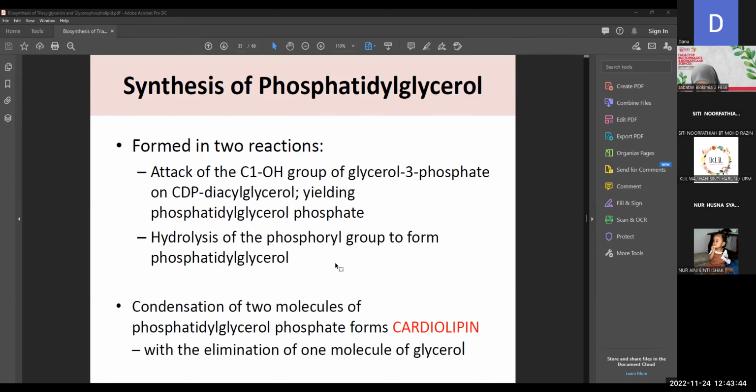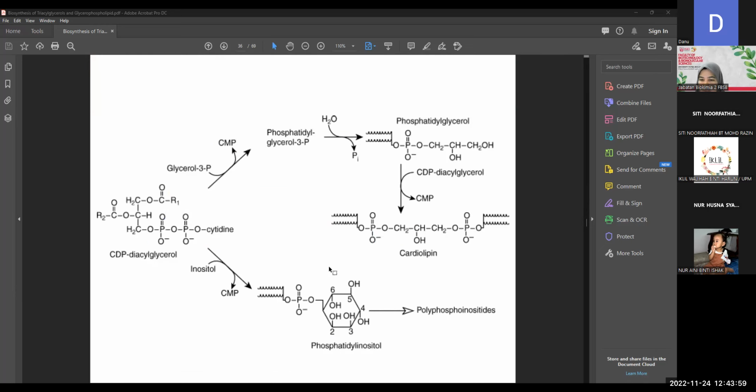Okay, from CDP diacylglycerol, we can synthesize phosphatidylinositol, ni lagi clear, and we can also synthesize phosphatidylglycerol.